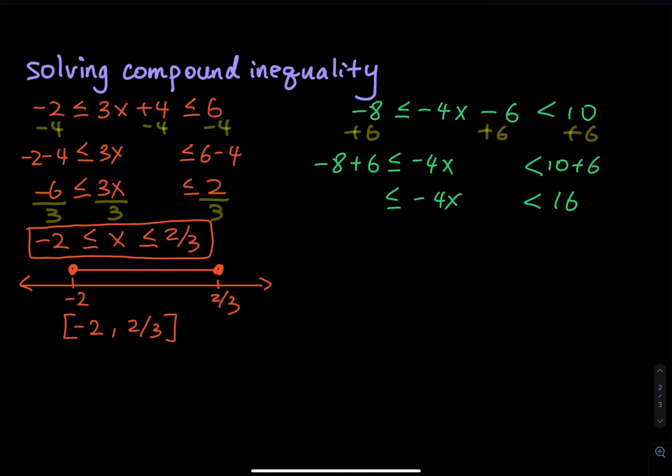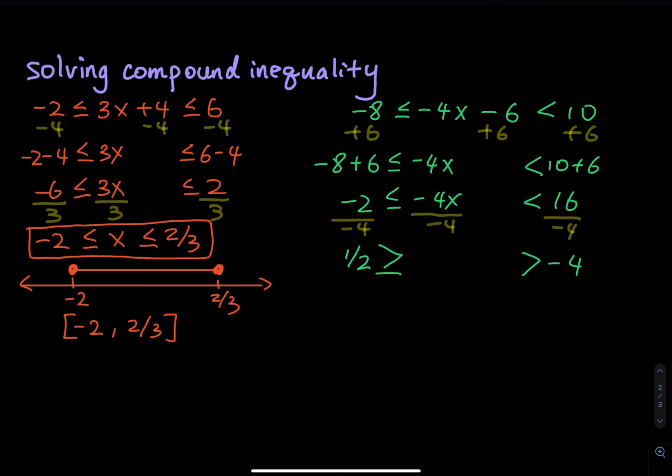This is a -2. And then I am going to divide each side by negative 4. So this is a -4, this is a -4, and this is a -4. Since you divide each side by a negative quantity, either multiply or divide, you have to reverse the direction of the inequality symbol. 16 divided by -4 is -4. -2 divided by -4 is 1/2.